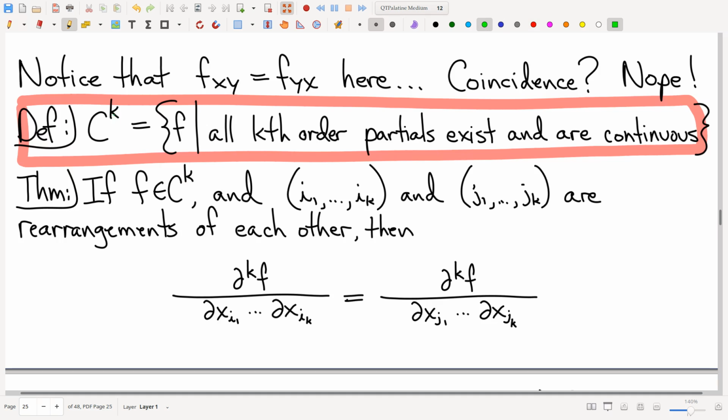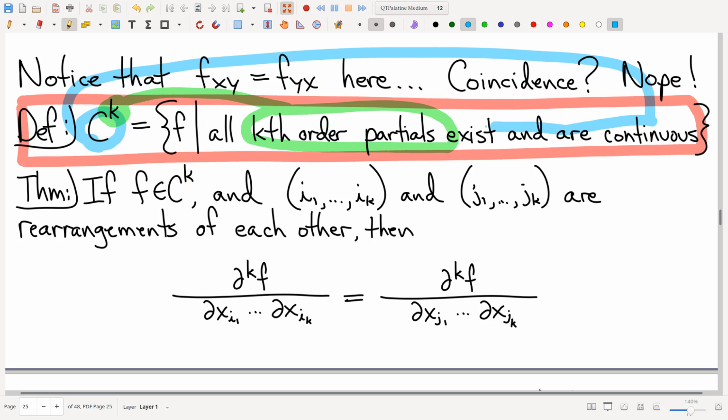The k in this notation refers to how many partial derivatives, or in single variable calculus, just derivatives, but here, how many partial derivatives you have to be able to compute. And the C is the recognition that I don't just need them to exist, I also need them to be continuous.